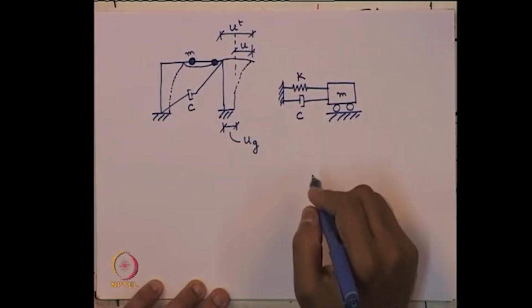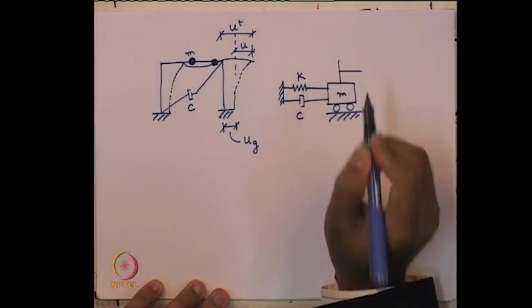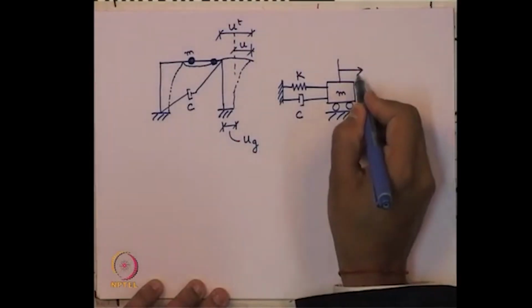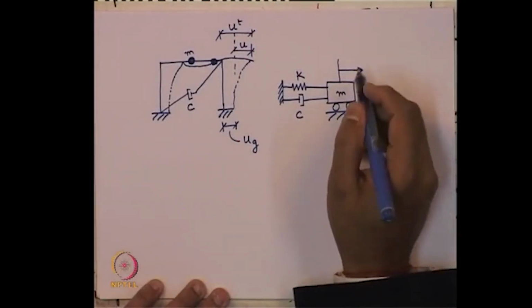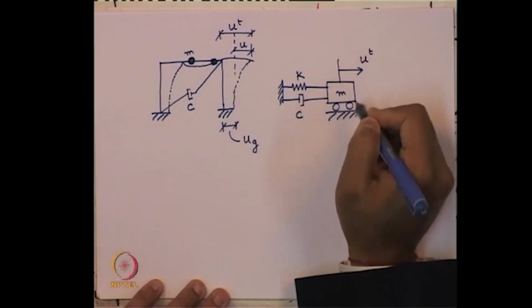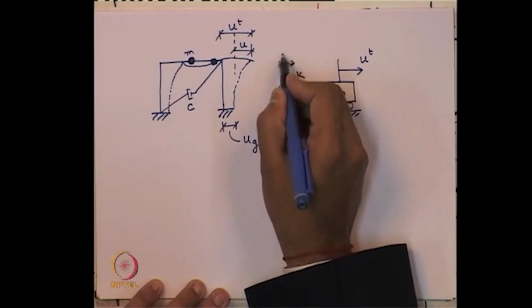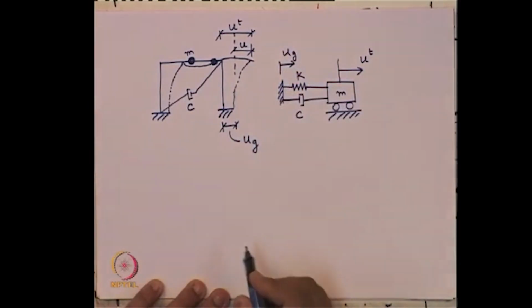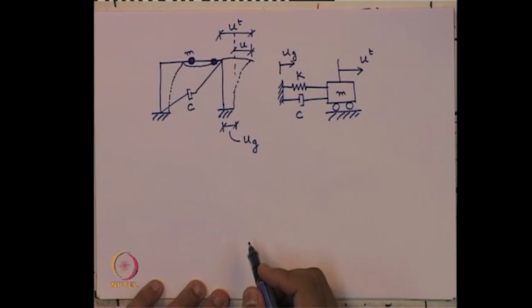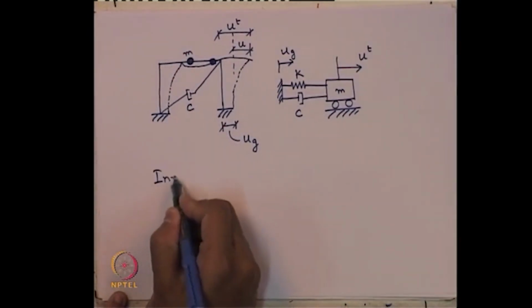This is a single degree of freedom model. In this case, the mass has moved by u t, total movement. The ground has also moved by an amount u g.